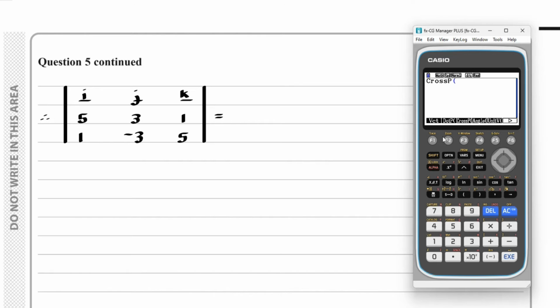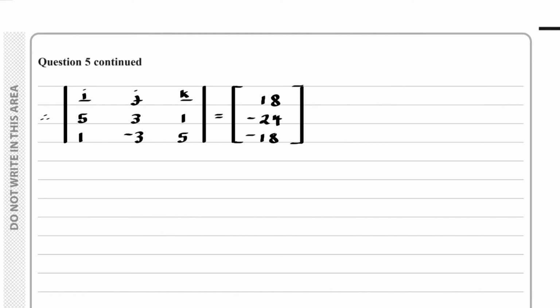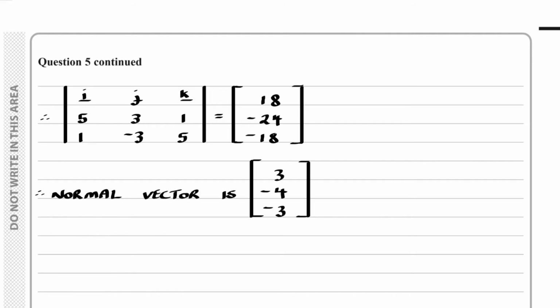So press F3, we want the cross product between vector A, and then press comma, and vector B. And if we work this out, you can see we have 18, -24, -18. Which means then, the normal vector is 3, -4, -3. All we do is multiply this by 6 to get this vector here.